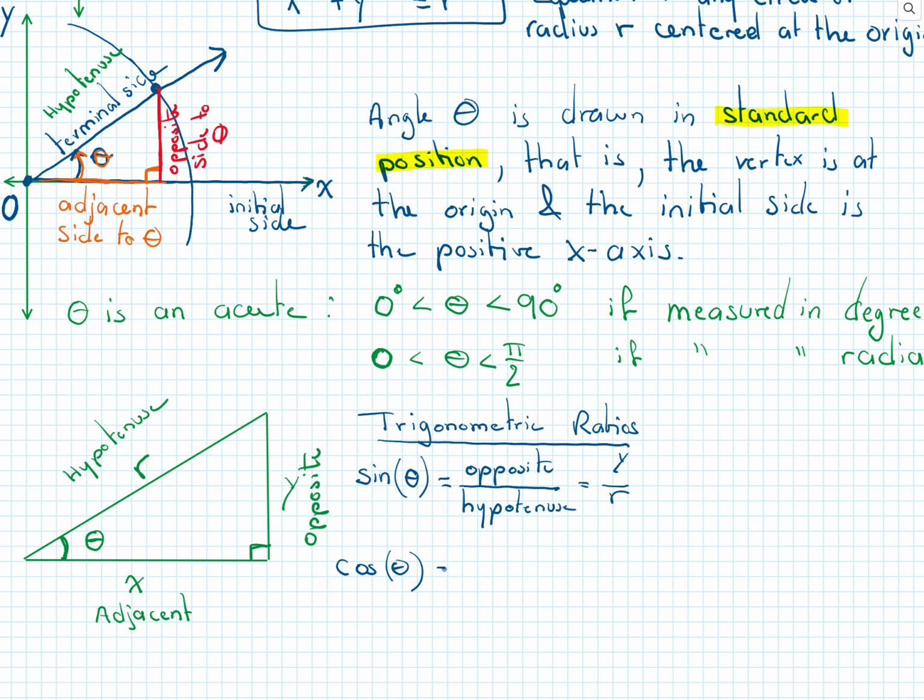The cosine theta will be the adjacent over the hypotenuse, which is x over r. And then the third trigonometric ratio will be the tangent theta, which is equal to the opposite over the adjacent.